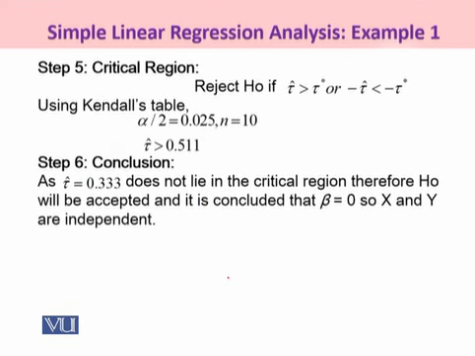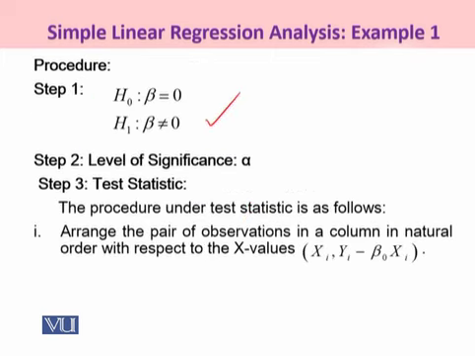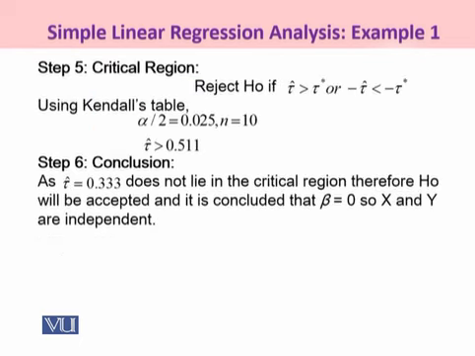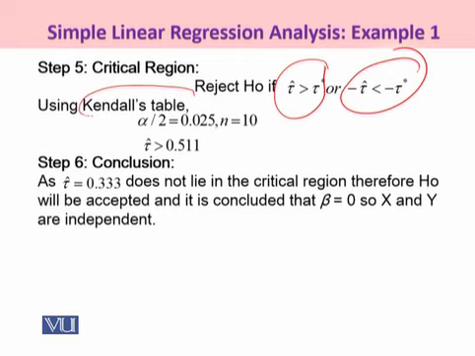Now this value is to be compared with the critical region. This was a two-tailed test, because under H1 beta is not equal to 0. So you will reject H0 if tau hat is greater than tau star, or if tau hat is less than minus tau star. Using the Kendall's critical values table, with alpha by 2 equal to 0.025 and n equal to 10, tau star is 0.511.